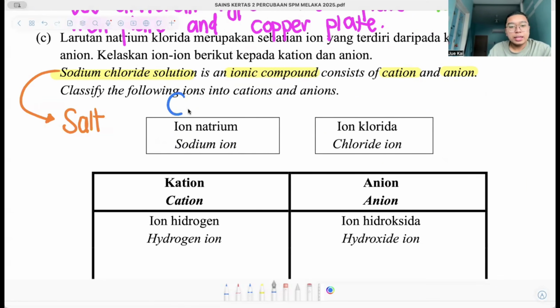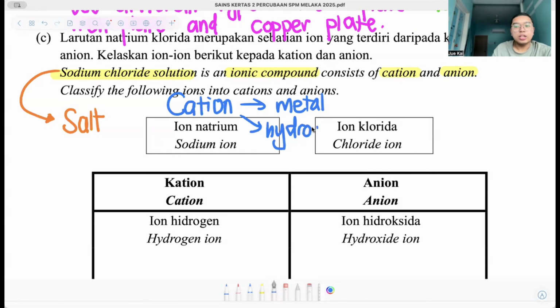Cation is always metal. This is the first thing. And then it has hydrogen.